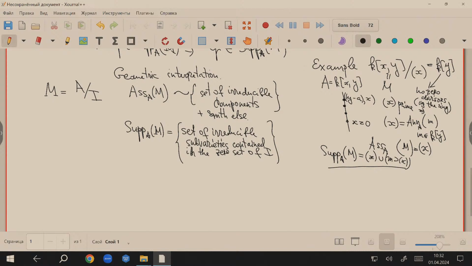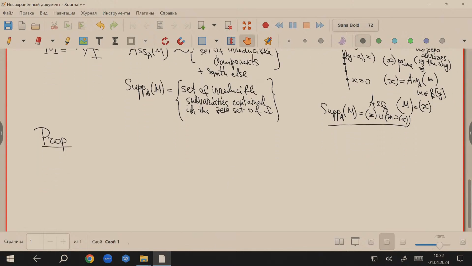So okay, let us start with the following proposition, that is one of the most important parts of the theory.